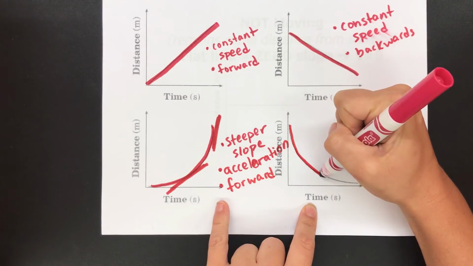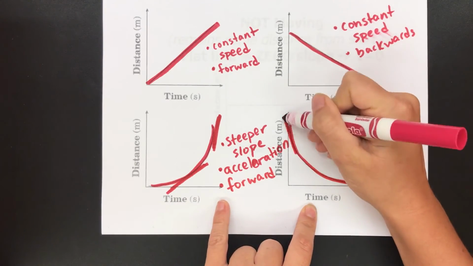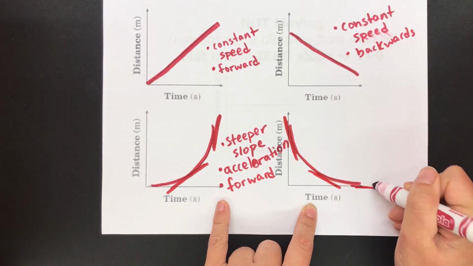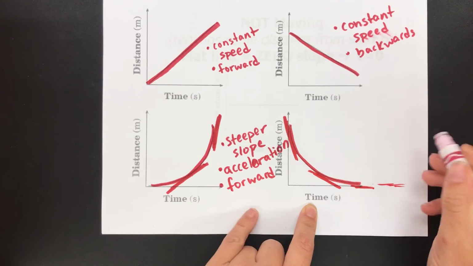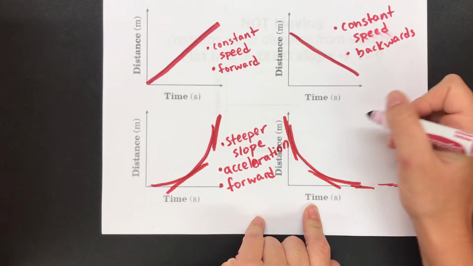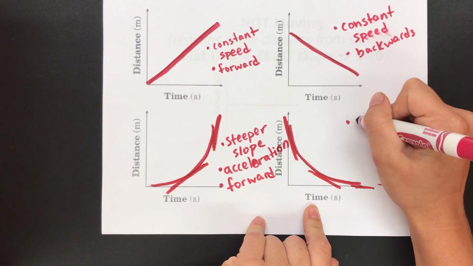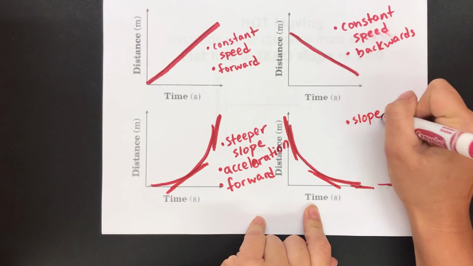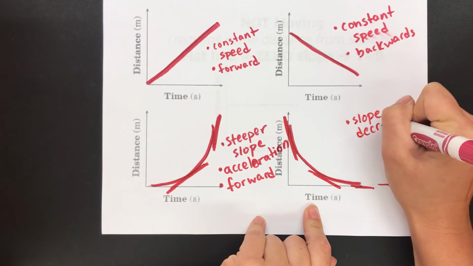Next, let's talk about this one. We've got this line, it's curving. Look at that slope. It's not getting steeper. Eventually, it looks like it's about to flatline here, and we'll talk about what the flat line means in just a second. It's starting to flatline. That means the slope decreases.